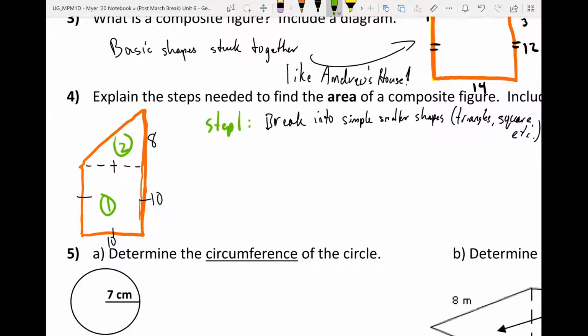All right, so step 2. Find area of each shape.